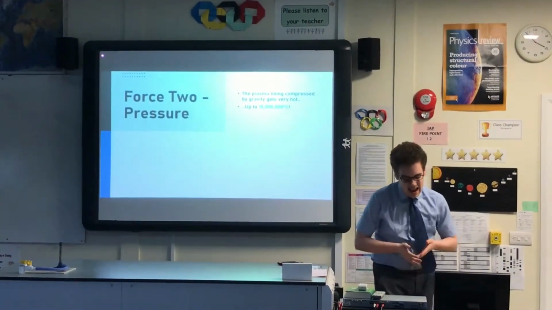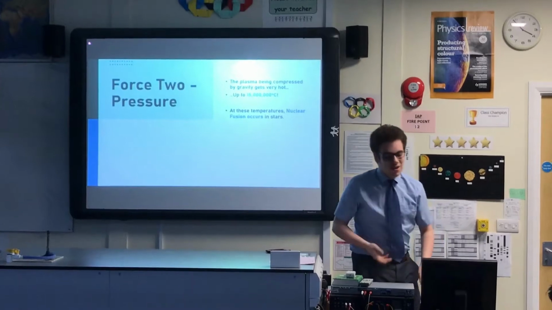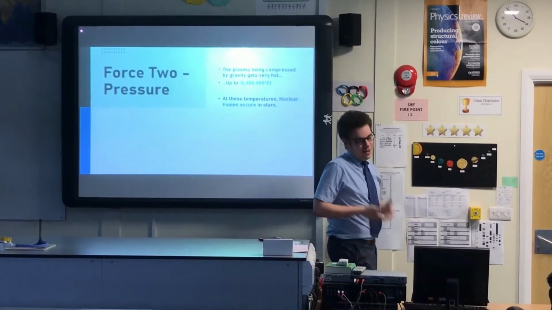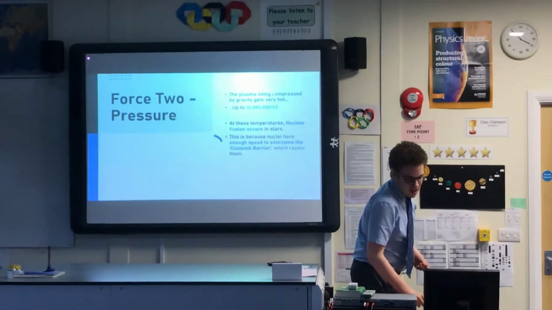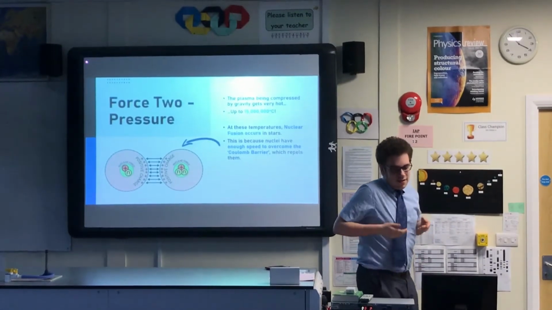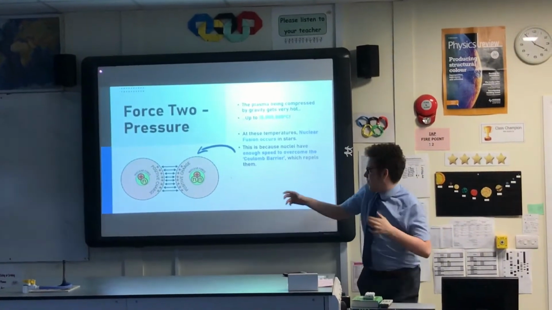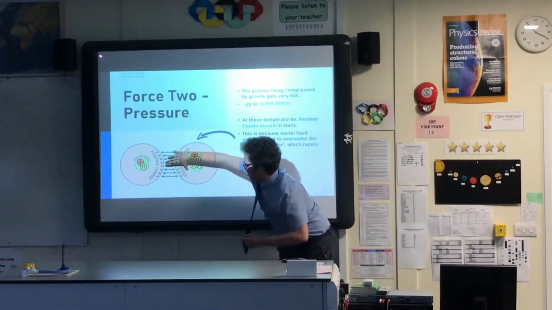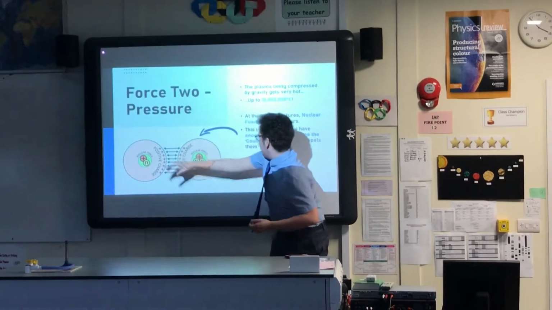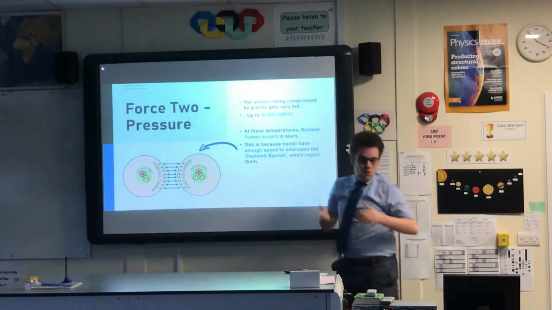And at this temperature, nuclear fusion in the stars occurs. Now, this is because the nuclei have enough speed to overcome something known as the Coulomb barrier, which is this little barrier here, which repels them normally.